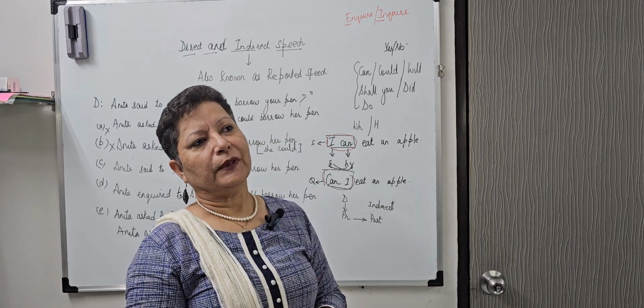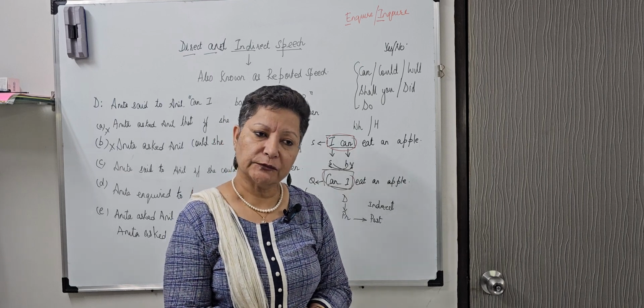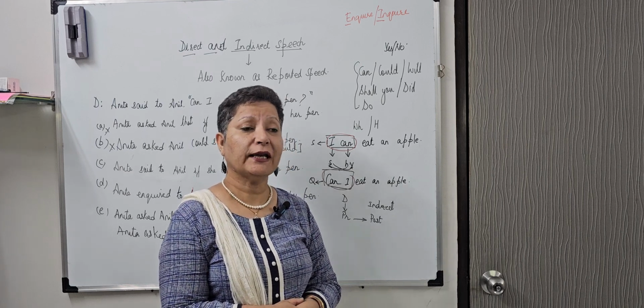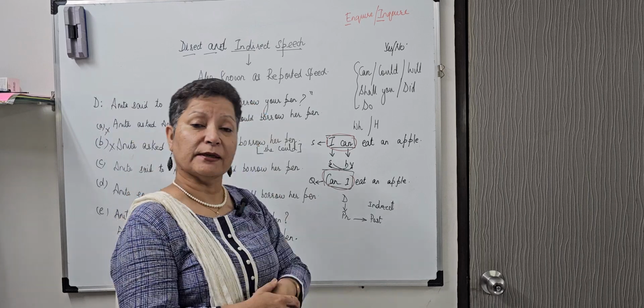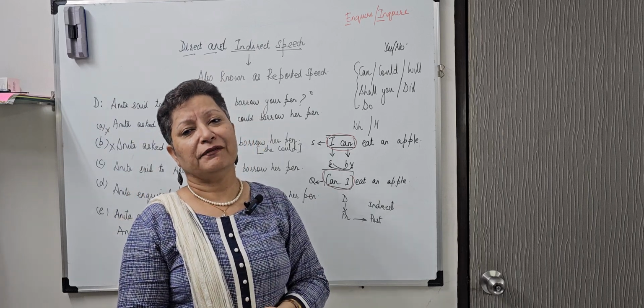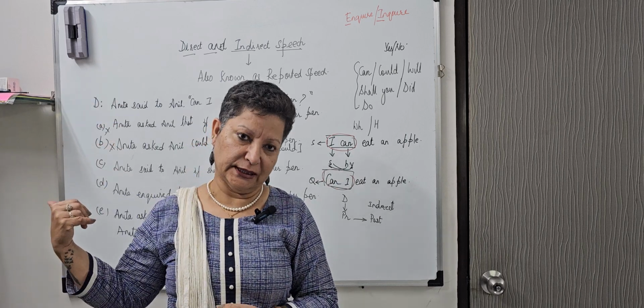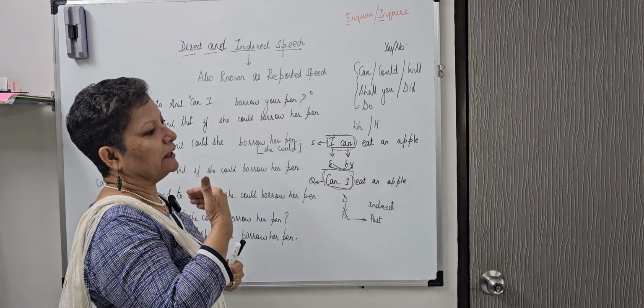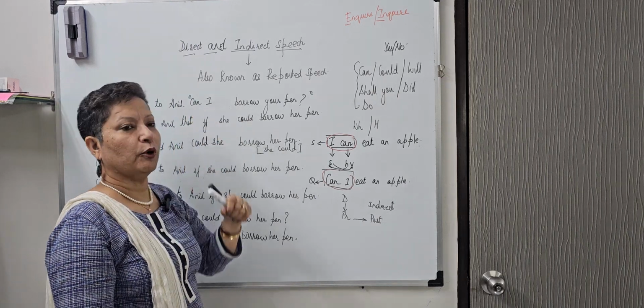Also, another thing, now that we started with the topic of direct and indirect speech, we should know that direct or indirect speech, also known as reported speech, basically refers to a person who is reporting something which has already happened earlier. Like suppose there was a conversation between two people, say Anita said to Anil, can I borrow your pen?